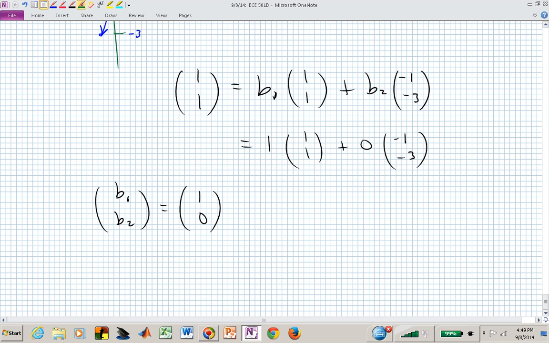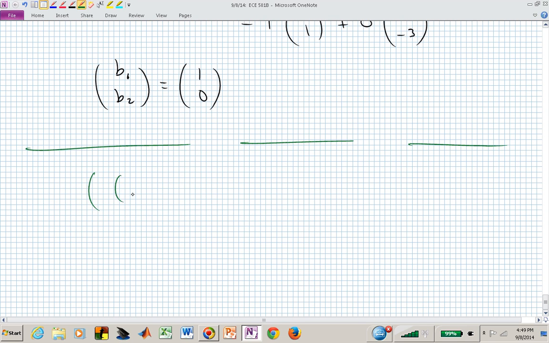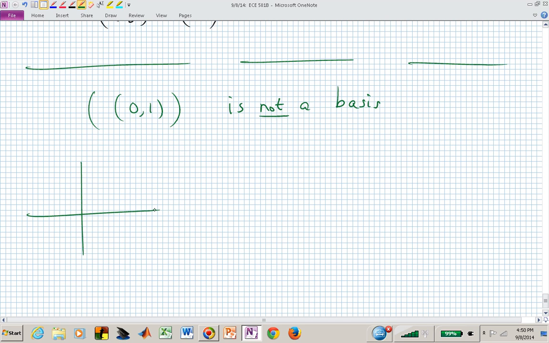What are some other examples that we could talk about? Suppose that I gave you the following set. Is that a basis of R2? Did I hear a not in there? That is not, is it? And why is it not? So if we sketch the picture of that, here's R2. That gets us there.